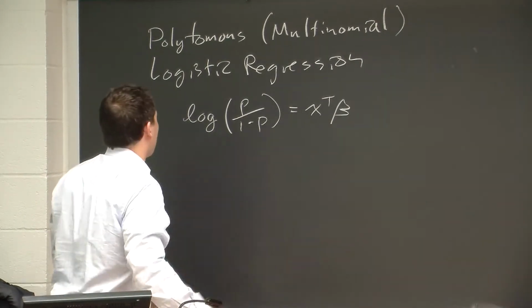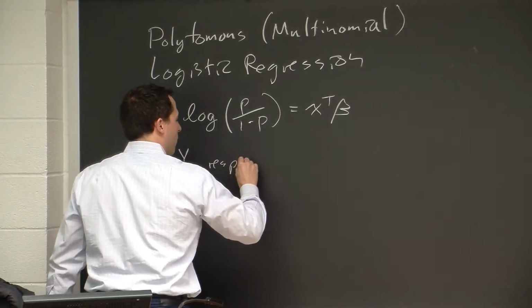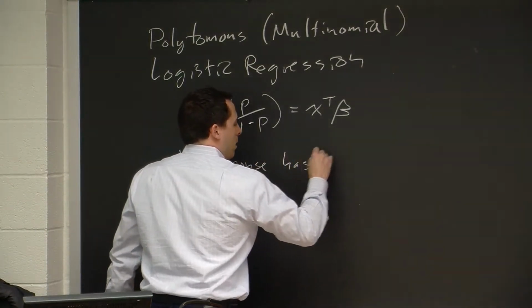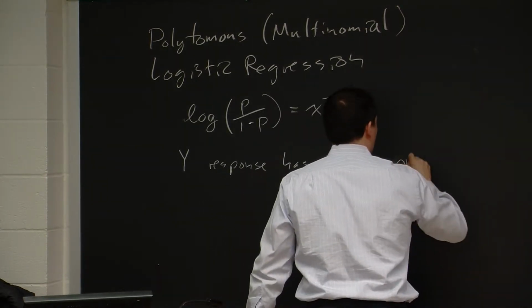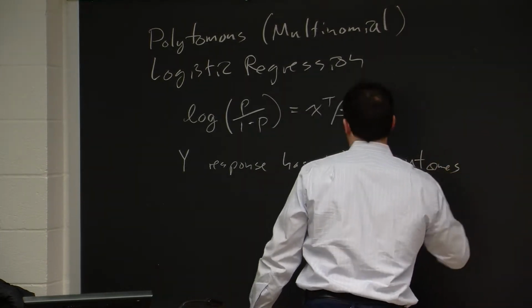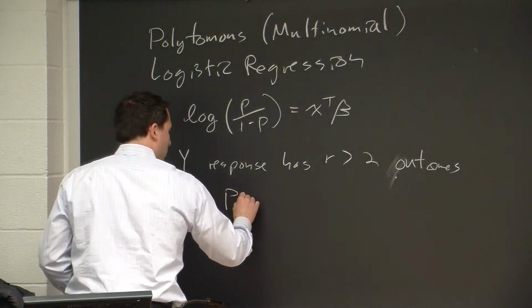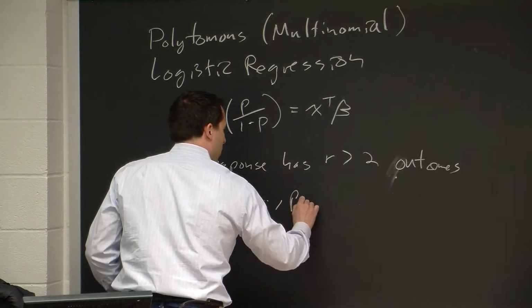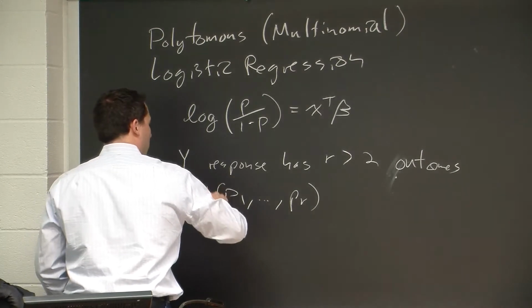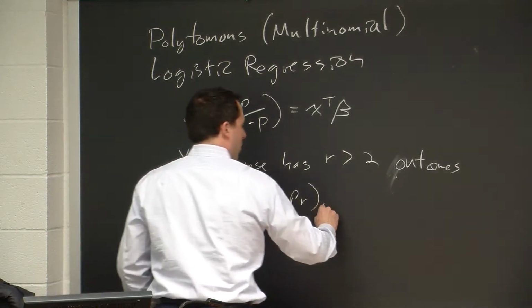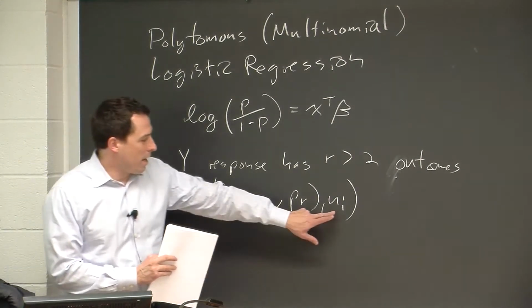Now what we'd like to do is deal with the case where the response has more than two outcomes, i.e., what we want is a multinomial distribution. So we want y to be multinomial with some parameter vector p of probabilities and some ni.